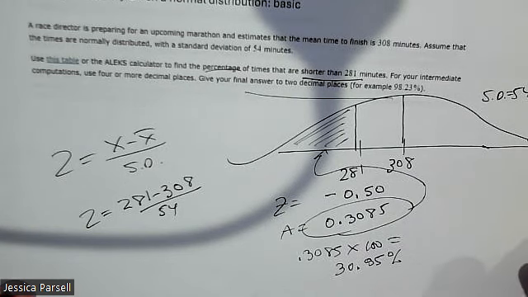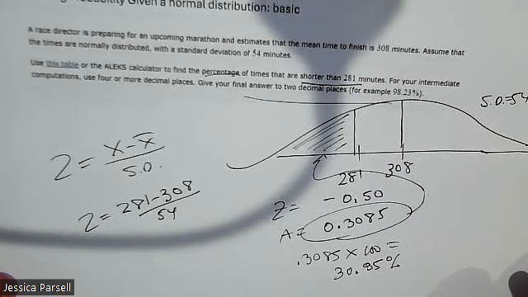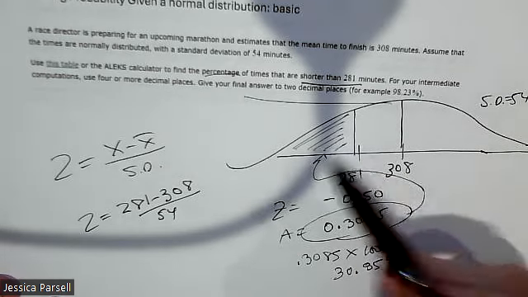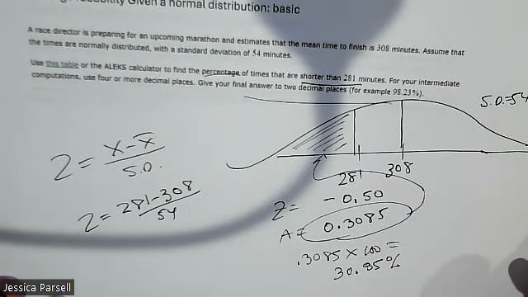So there's a 30.85% chance, that's the percentage of people that would finish the race in under 281 minutes. So those are very fast runners there.